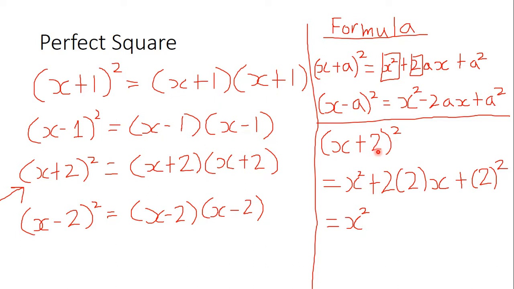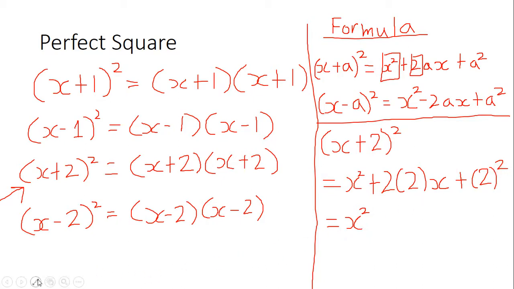Oh, okay, I see it now. And so then we'll have x squared. Plus, the formula says 2, but a is 2, based on this number here. So we put the 2 here, and then x we just keep there. Plus a squared. Now remember, a is 2, so it's going to be 2 squared.